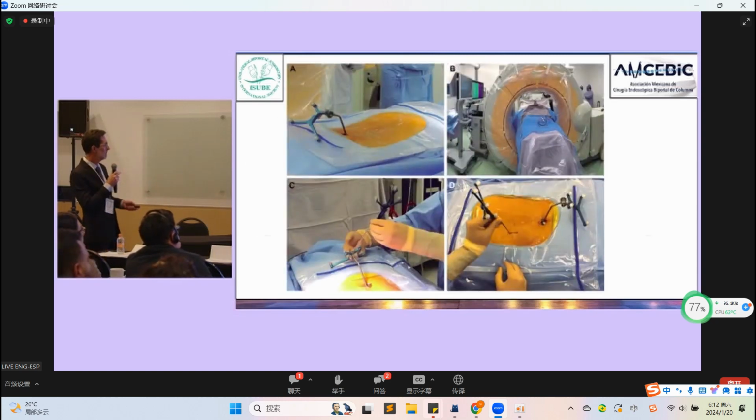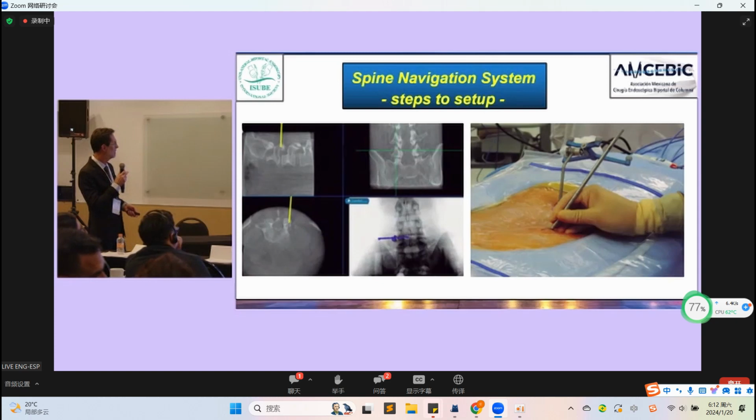Here, the sequence of the setup and the use of spine navigation at different parts of the surgery.